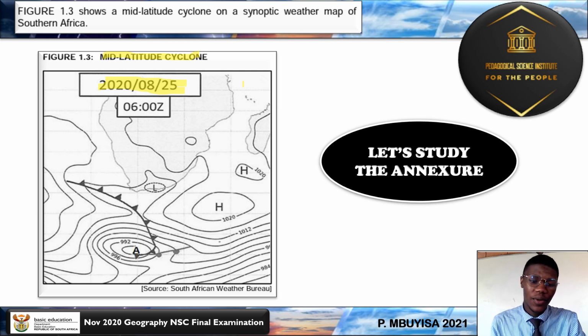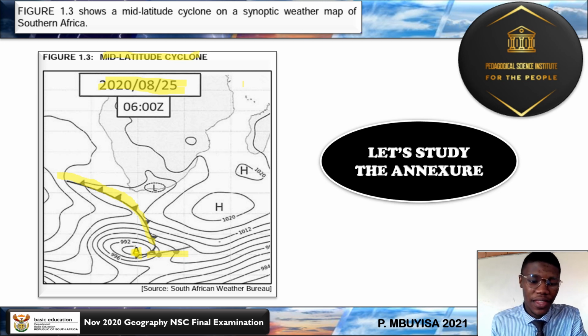And again, we have a label here, label A. So label A is showing you a front of some sort. Remember, this will be your cold front. How do we see that this is the cold front? It has your triangle symbols. We have a semicircle symbol here, which means it's your warm front. And we have a mixture of the two at A. So that means that is your occluded front.